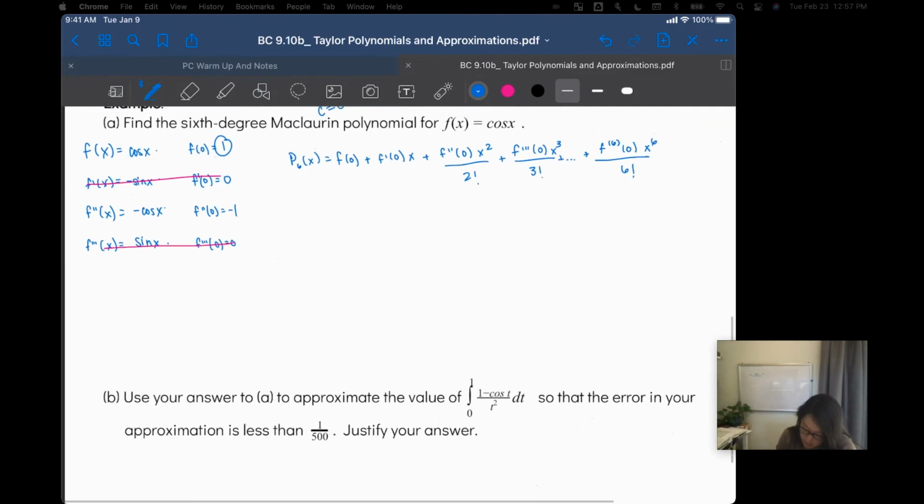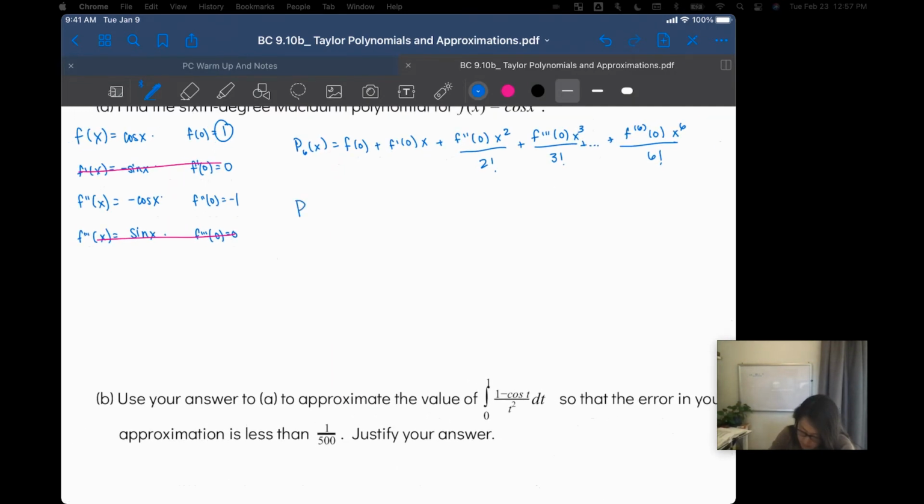So let's go ahead and write that out. I have p sub 6 of x equal to f of 0, which is 1. My first degree term is going to cancel because f prime of 0 is equal to 0. Then the next factor, f double prime of 0, is negative 1. So I'm going to put minus 1 times x squared over 2 factorial.